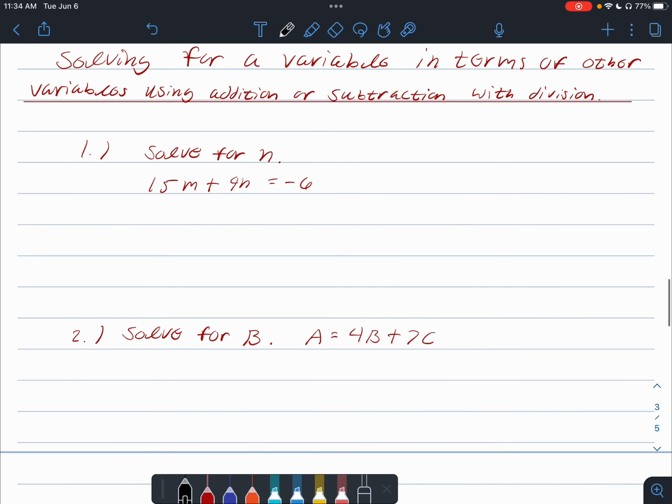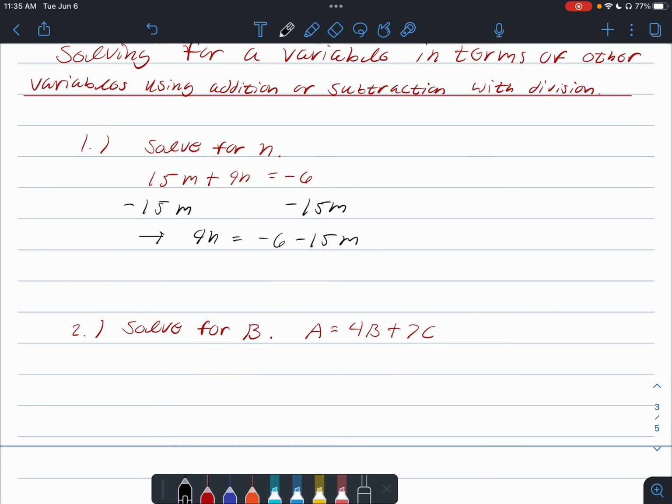Okay, so here, the first thing we can do is subtract 15m from both sides of the equation. And remember, we do this because we have to balance the equal sign. Keep treating it like a scale. Okay, so this is going to cause this 15m to go away. And now we're going to have 9n is equal to -6 minus 15m.